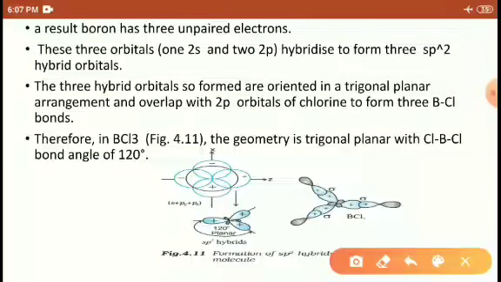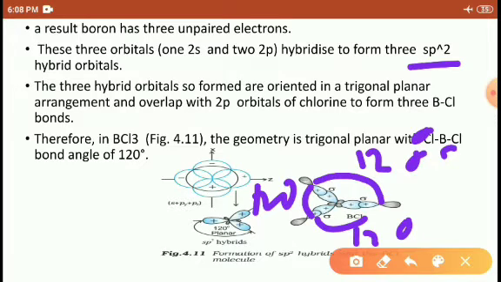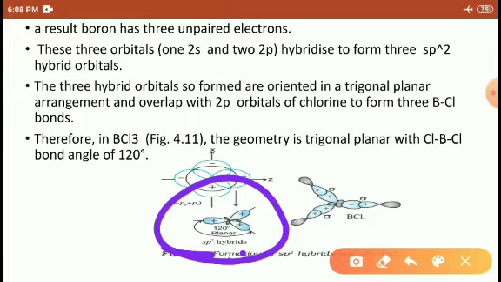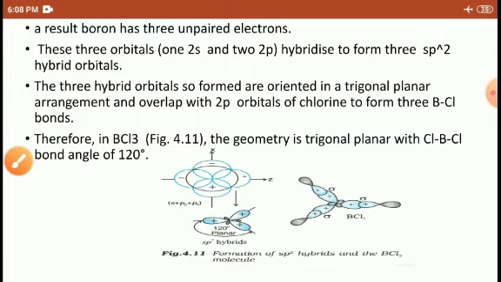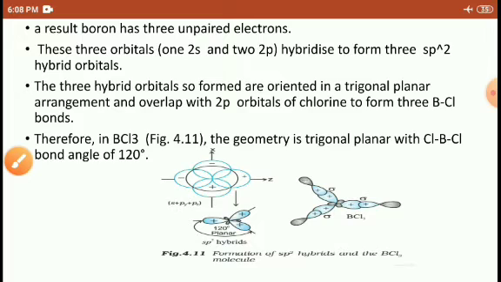Look here, sp2 hybridization. So in BCl3 the bond angle is 120 degrees, and here also 120 degrees. Already I mentioned in this figure, it is a trigonal planar structure. Trigonal planar, right, friends.